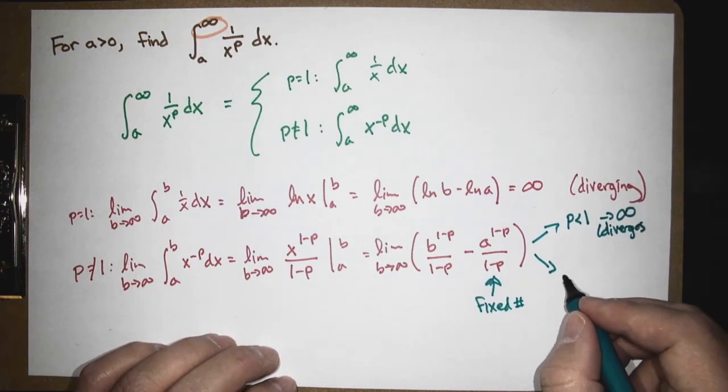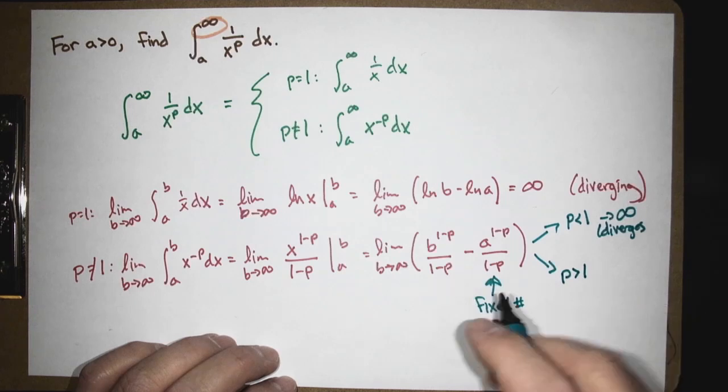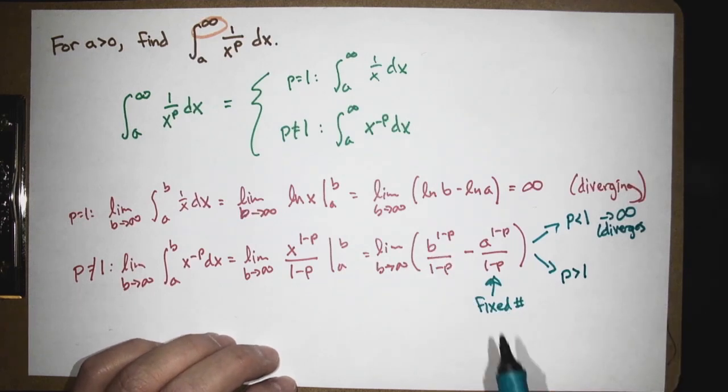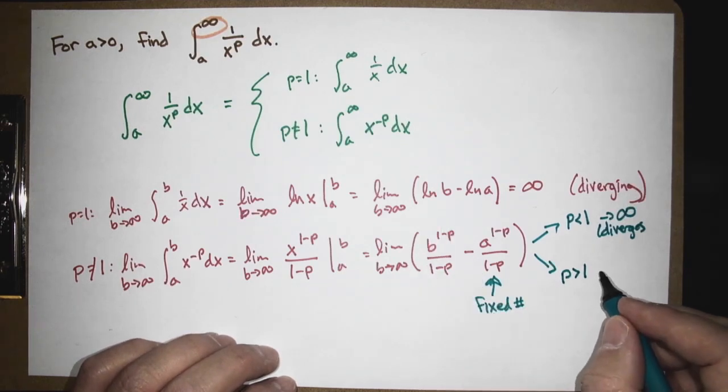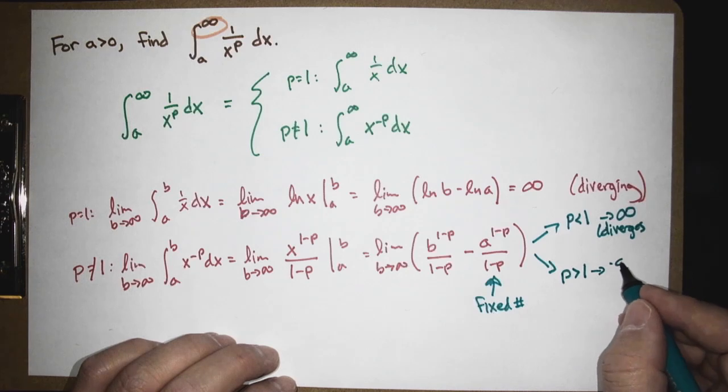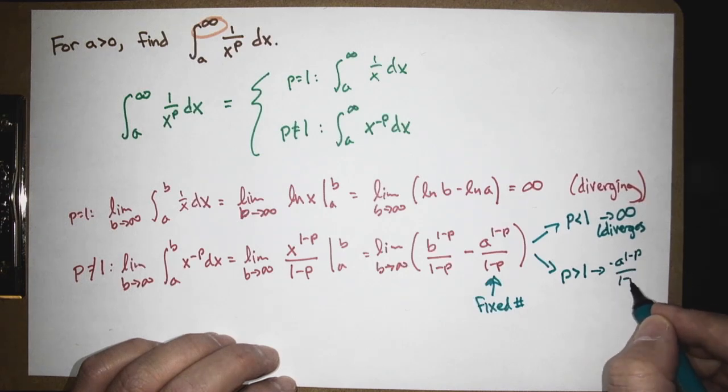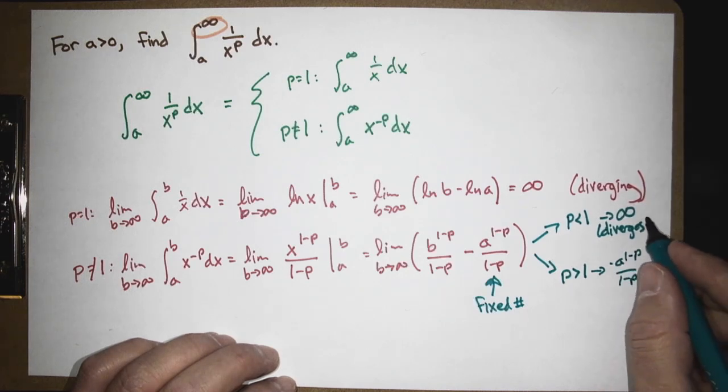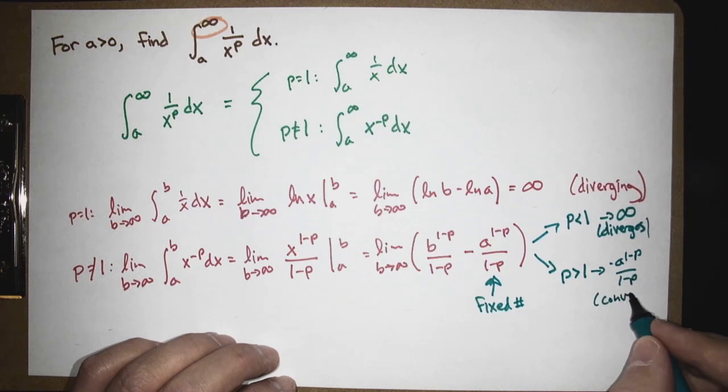If p is greater than 1, then we have a negative exponent. This part goes to 0, and what will happen is we go to negative a to the 1 minus p over 1 minus p, which is a terrible expression, but the key here is that this converges.